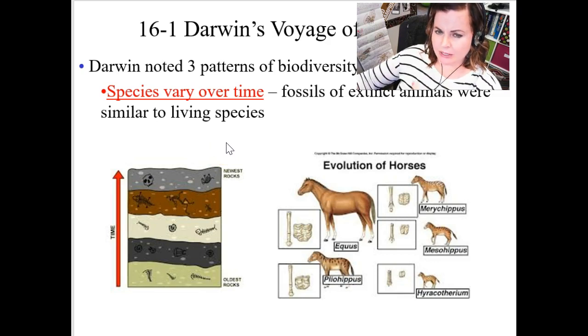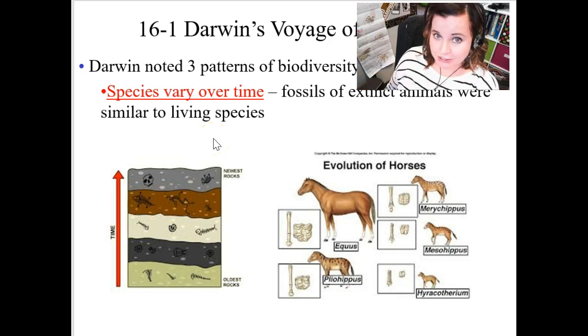Okay, so again, a pretty quick summary there of the evolution of horses, obviously, but another example of variation, this time through time. So the point of the matter is that there's variation in population, and that's a huge, huge foundation for evolution.